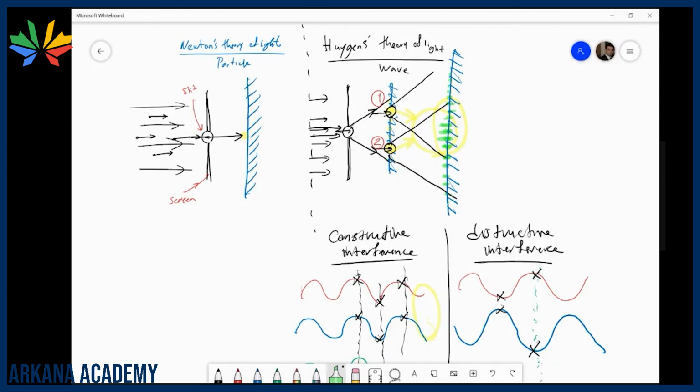But right now, we compared Newton's theory of light, which says it moves as a particle, which was proven wrong with so much evidence at the beginning of looking at the theories. Then Huygens' theory was saying, no, maybe light is a wave.